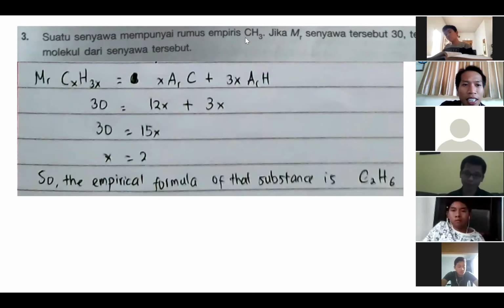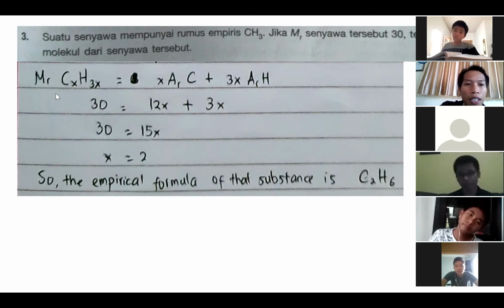It is very easy because we know the empirical formula is the simplest formula. So when you multiply that empirical formula by a number, you will get the molecular formula. But we don't know what number we are going to multiply by. So let's say we multiply this empirical formula by x.